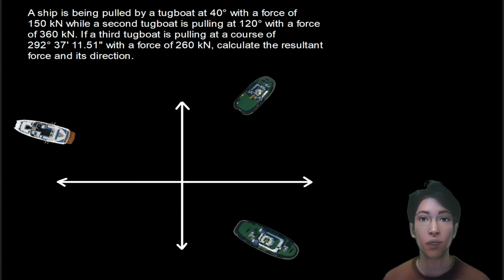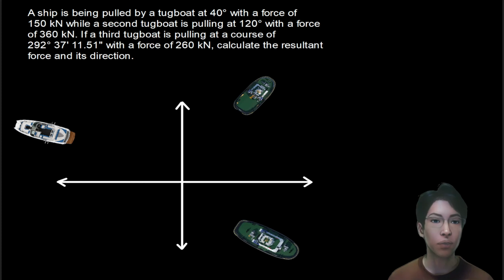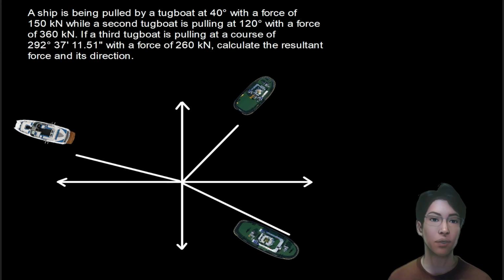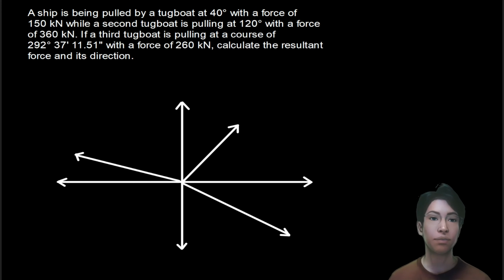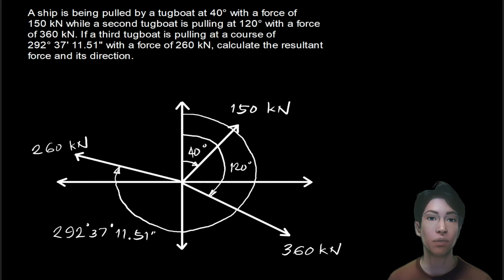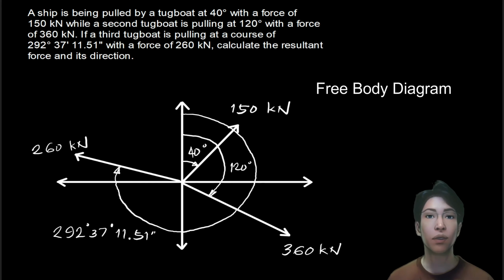We are now left with the tugboats. The forces exerted by the tugboats can be represented by lines like this. And we can now delete the tugboats. Finally, we put the labels as mentioned in the problem statement. And this is now your free body diagram.